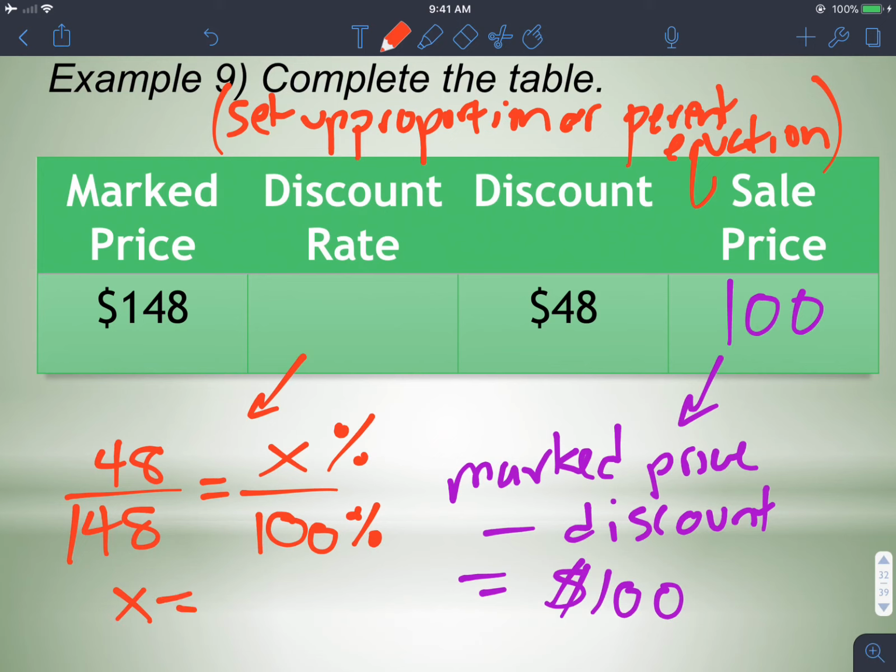What'd you get? 32.4%. Like I said, I don't want to make it too complex, but if you use the percent equation, you would just get an answer of 0.324, and then you'd have to realize, oh, it needs to be a percentage.